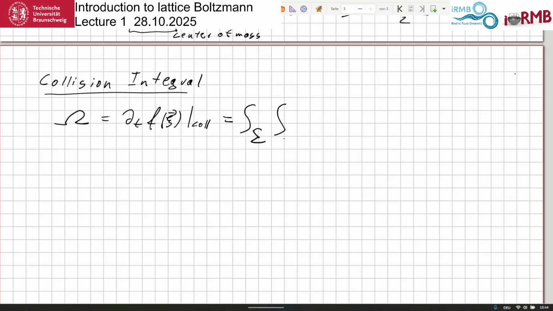So we'll have to integrate over all the xi2, yeah? I hope you recognize this is supposed to be a capital xi2, yeah? So we go over all possible directions. And we go over all velocities of the second particle, yeah?